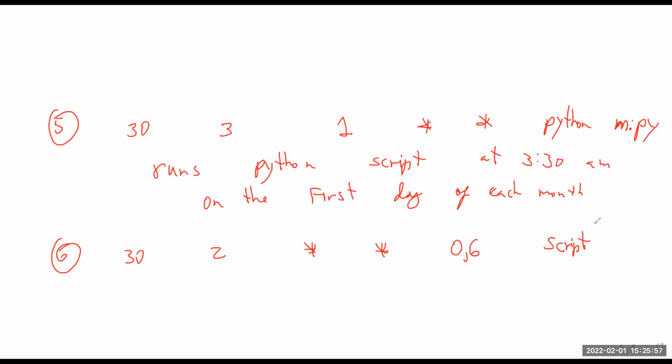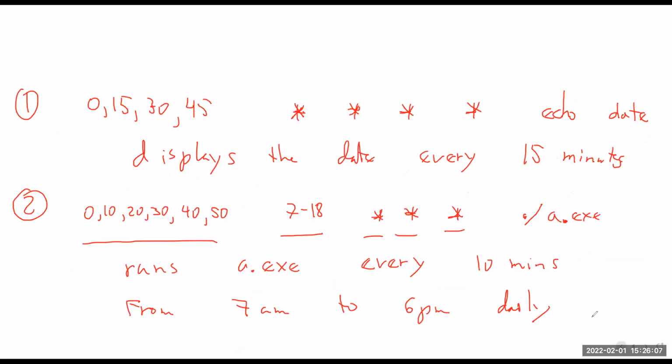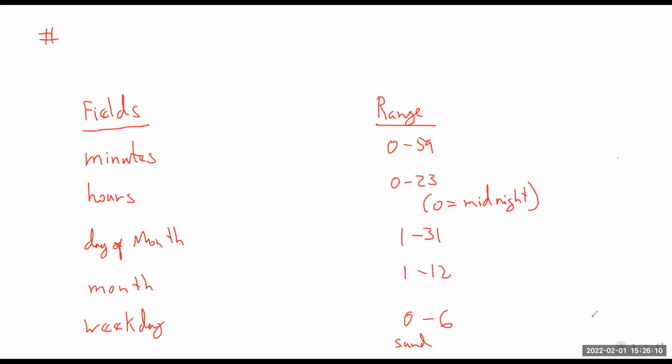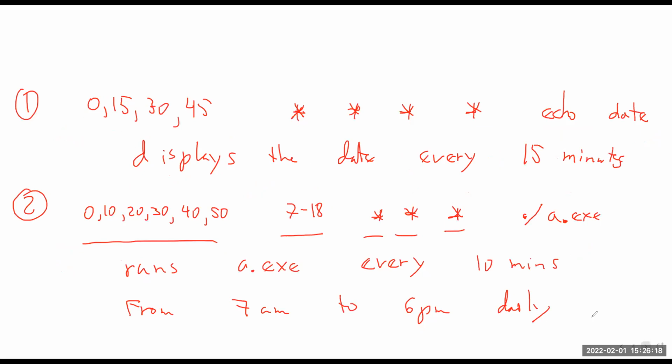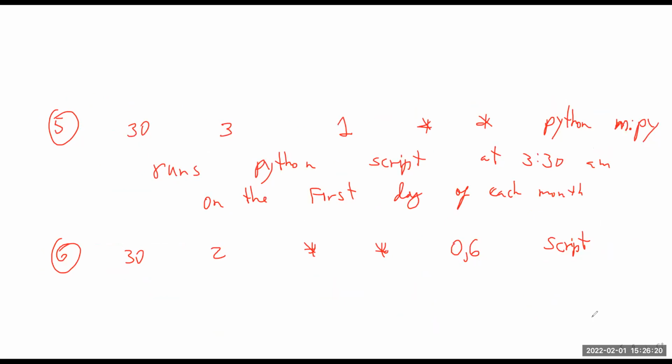So what do you guys think? Oh yeah, go ahead, please. Very good. Yes. So the last one, if we look at the table, is day of the week, right? So 0 is Sunday and 6 is Saturday, right? So it's going to run on those days, right?